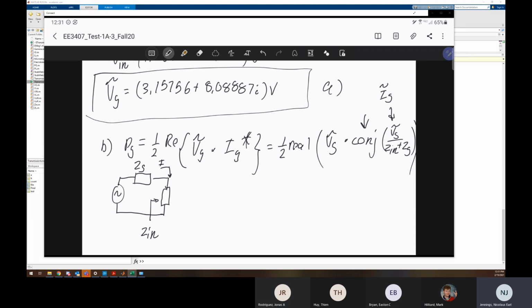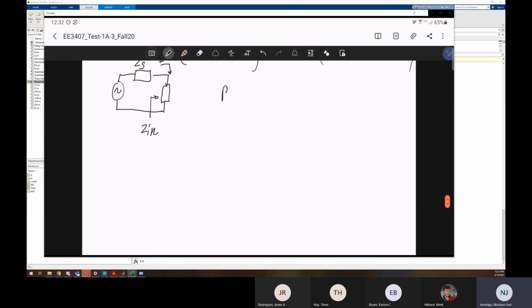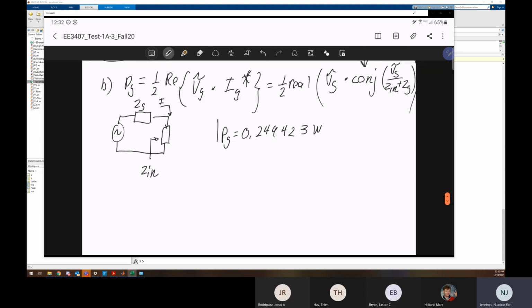So maybe you guys have already plugged this in, I don't know. If you get this value right here, do you think this is correct, or do you think this is wrong? PG as this right here. That looks similar to my homework stuff, so I think it's correct, but it looks very small, right?